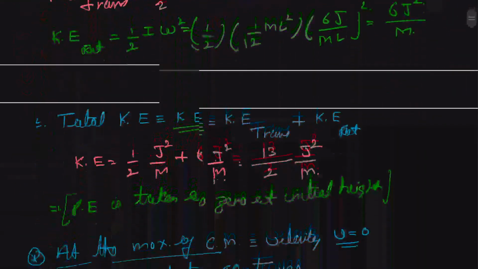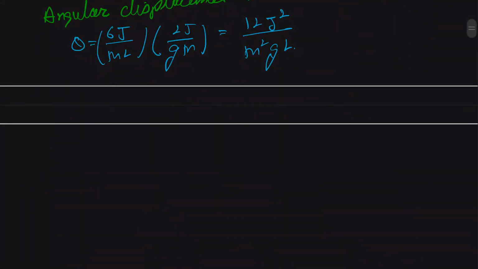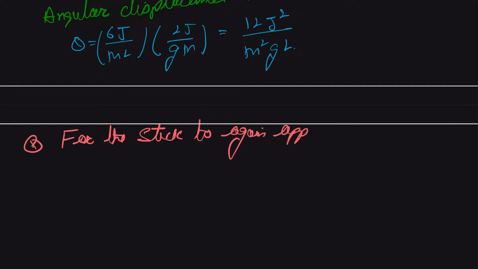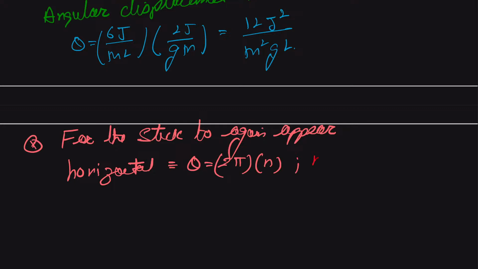Therefore, for the stick to again appear horizontal, our theta should be an integral multiple of 2 pi, that is 2 pi times n, where n is equal to 1, 2, 3 and so on.